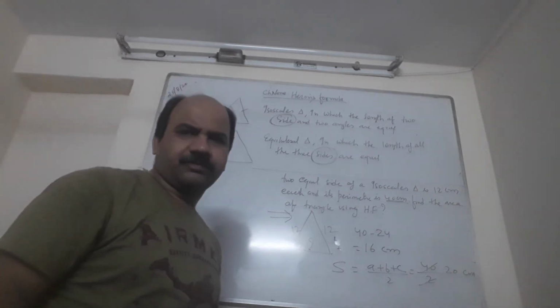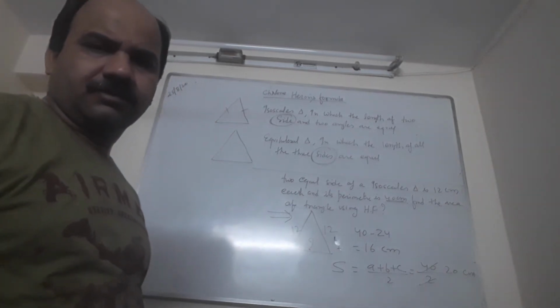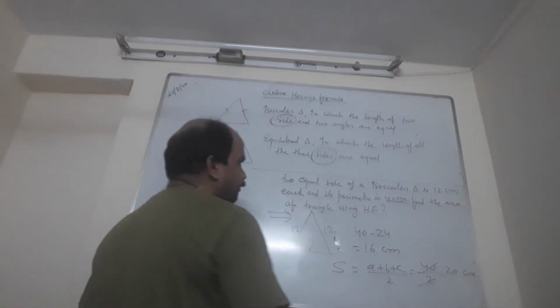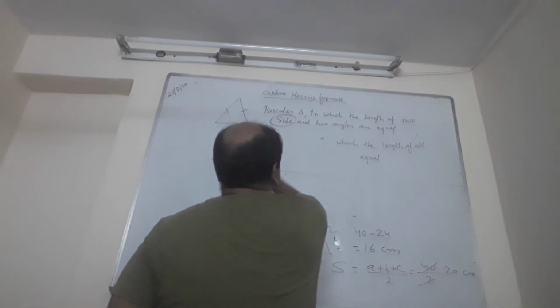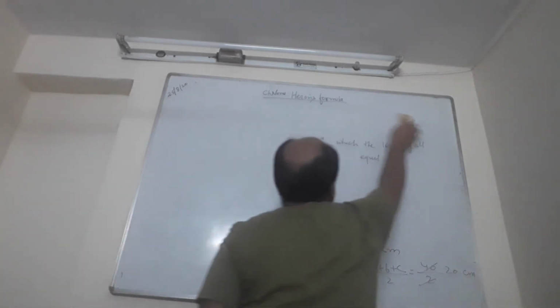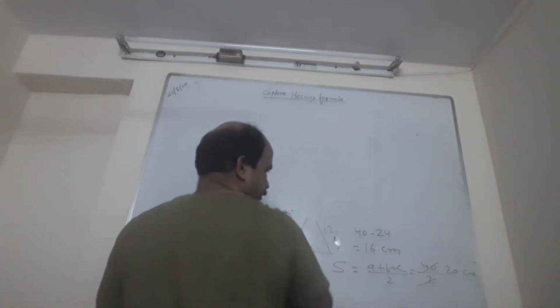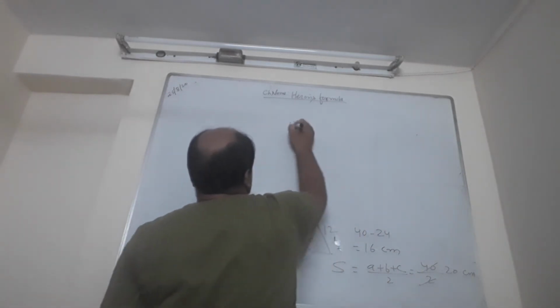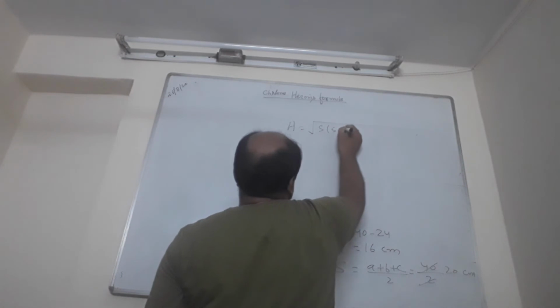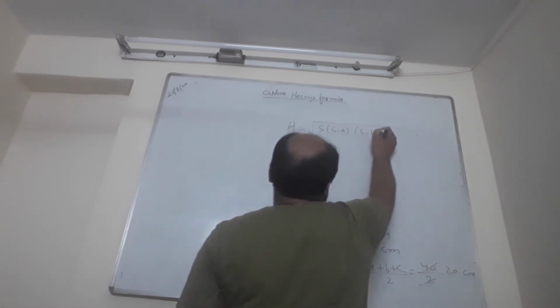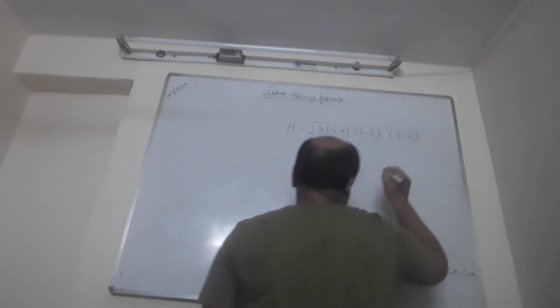Now we can find the area by using the formula of area, under root s into s minus a, s minus b, s minus c.